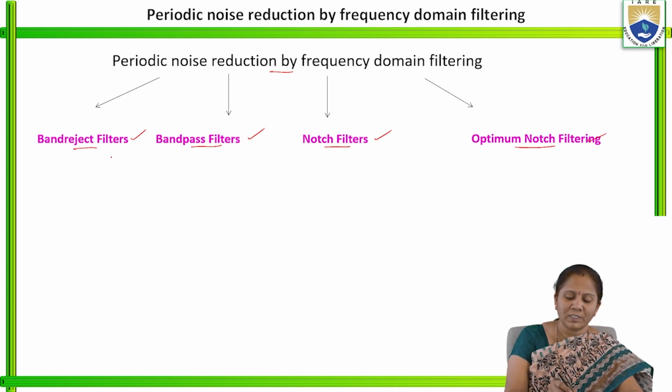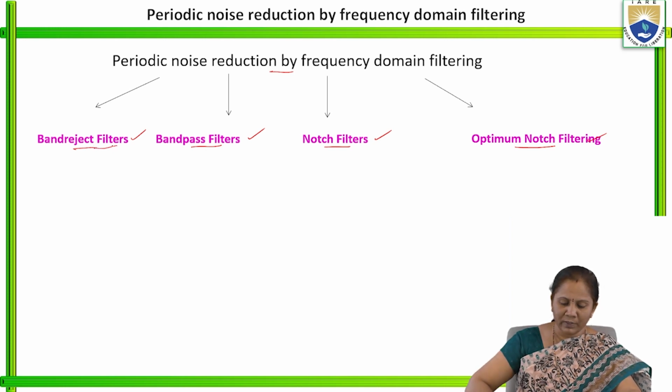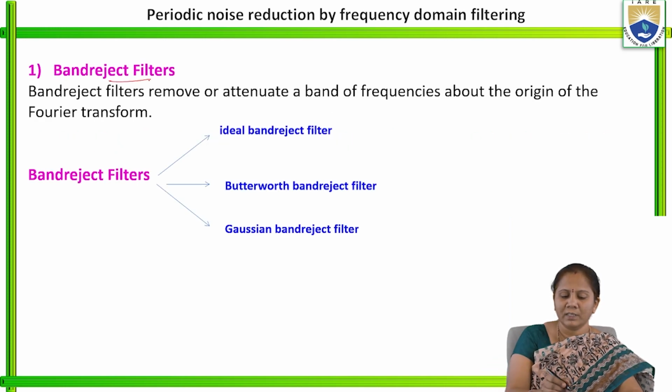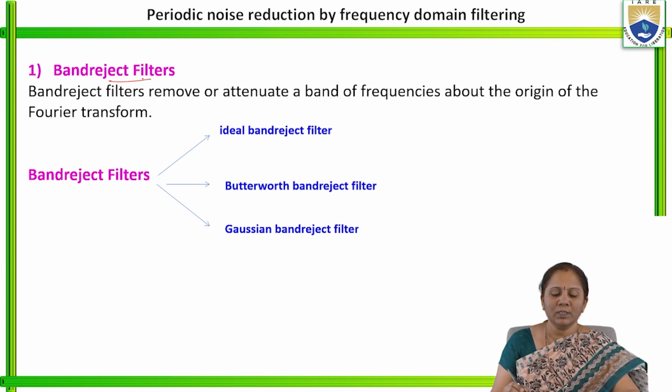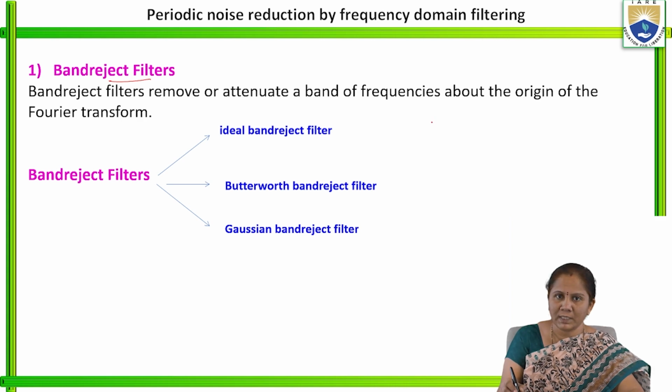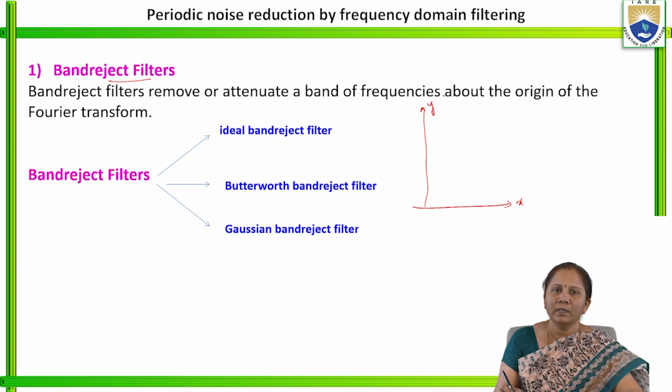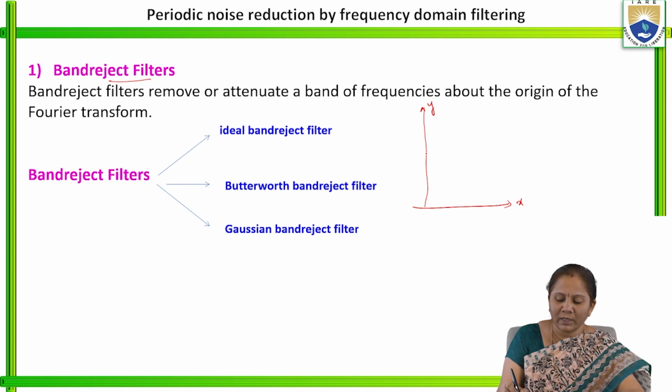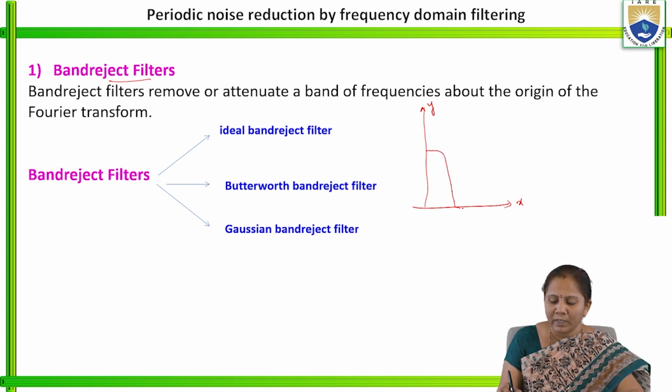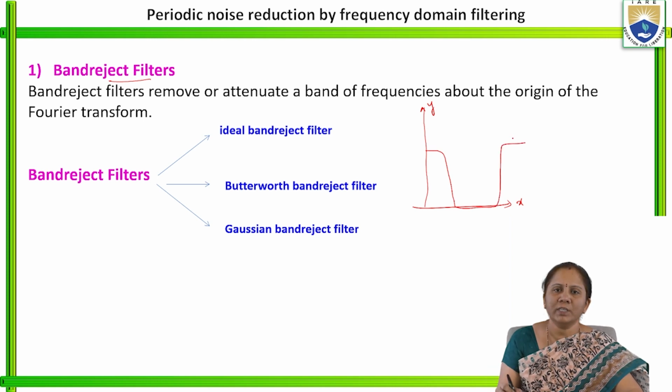Coming to the first one, the band reject filter. The first filter to reduce periodic noise is the band reject filter. What is the function of the band reject filter? First, let us consider the basic band reject filter and how it looks. Here this is X and this is Y. This is the graphical representation of the band reject filter.